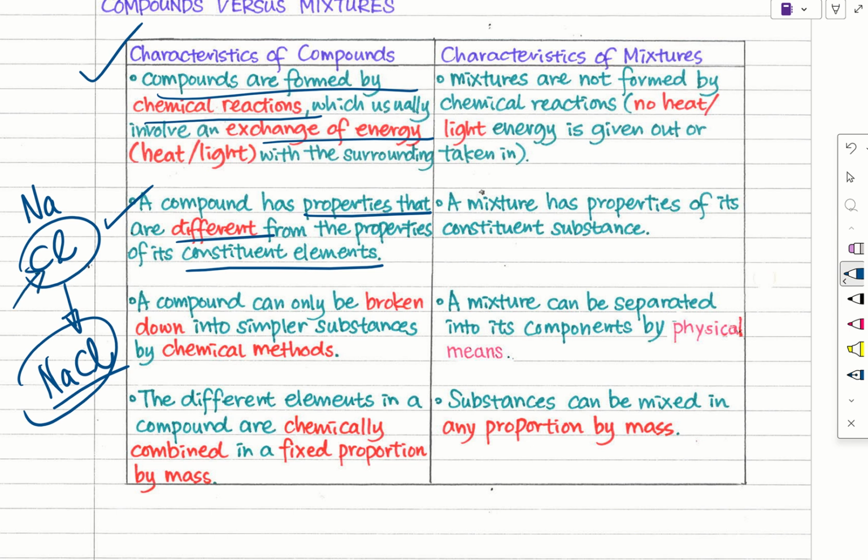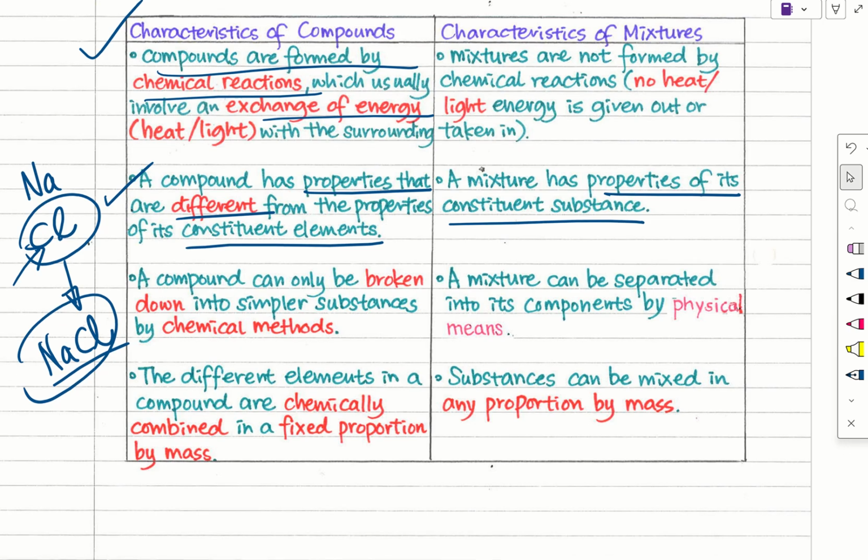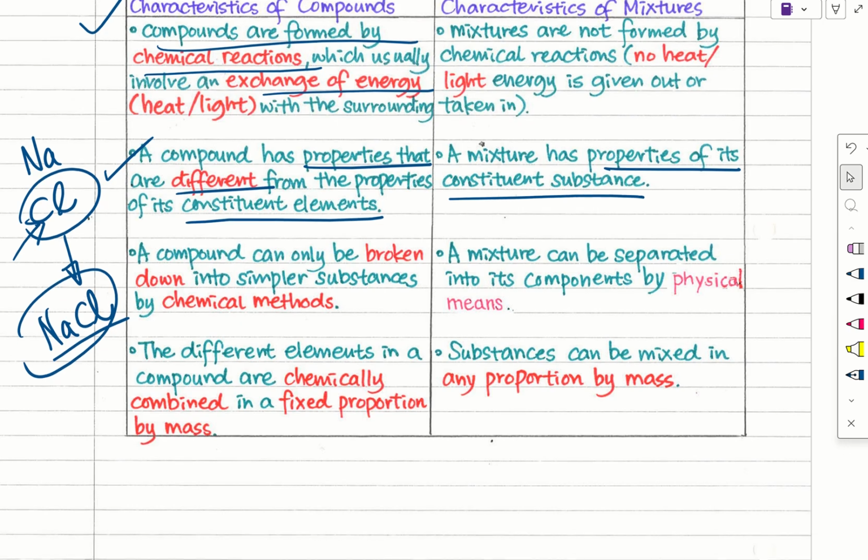But if I were to ask you to take in chlorine gas, it is toxic. So the compound that is formed will have properties different from the constituent elements. But the mixture will have the properties of its constituent substances. So basically apply the opposite to it.